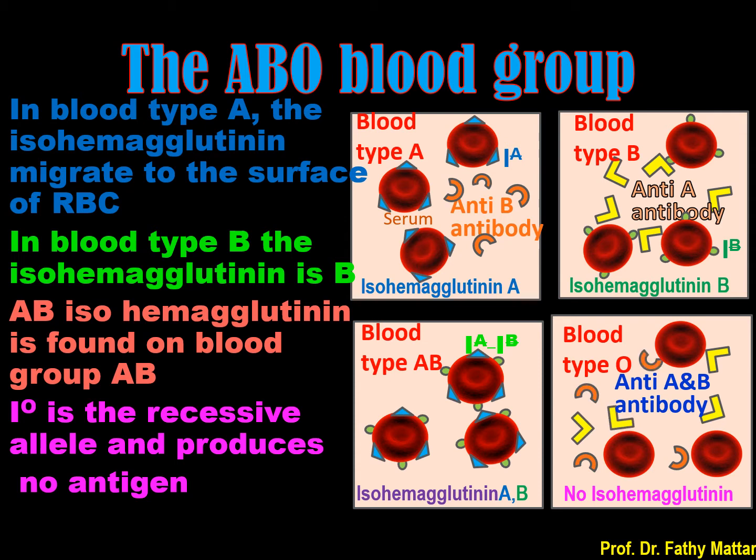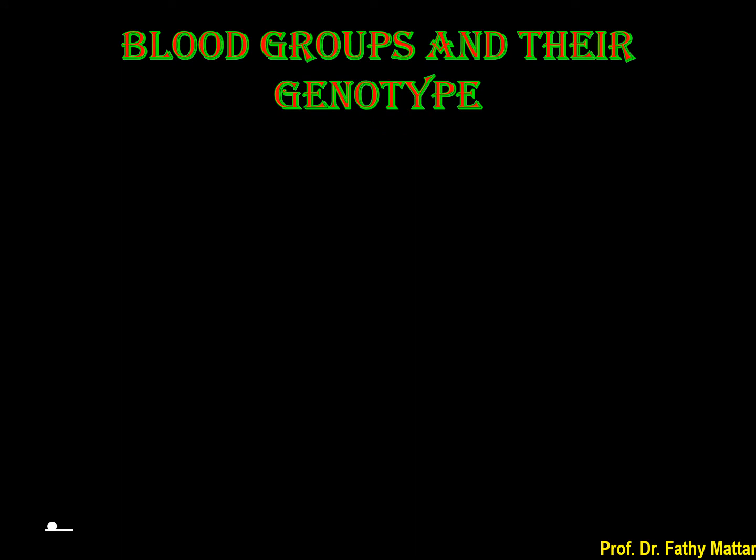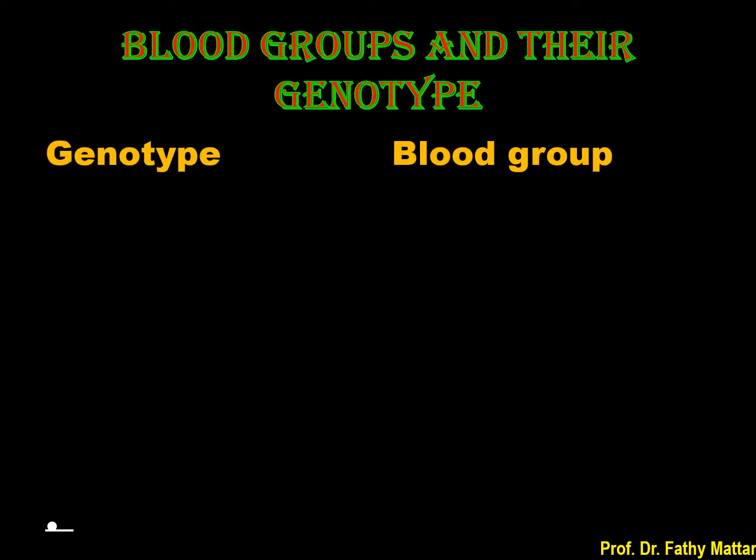Now, genetically, if we look at the genotype of the person and his blood group, we'll find that in the case of IAIA, the paternal chromosome expresses the A isohemagglutinin, and the maternal also expresses the A isohemagglutinin.